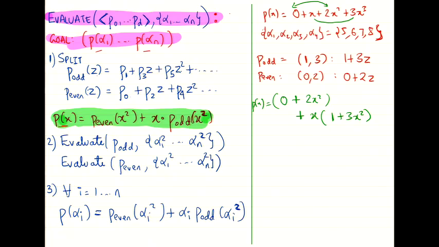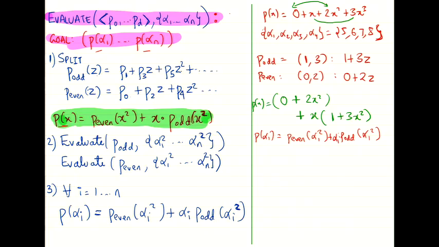It says p of alpha 1 is actually equal to p even of alpha 1 squared plus alpha 1 times p odd of alpha 1 squared.